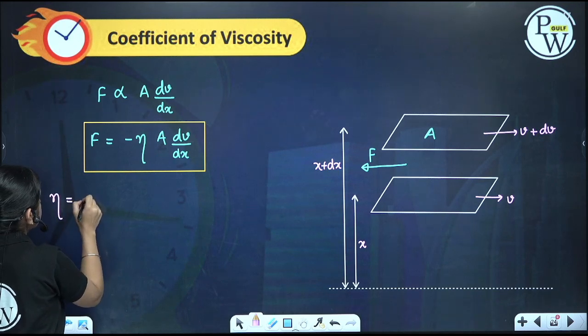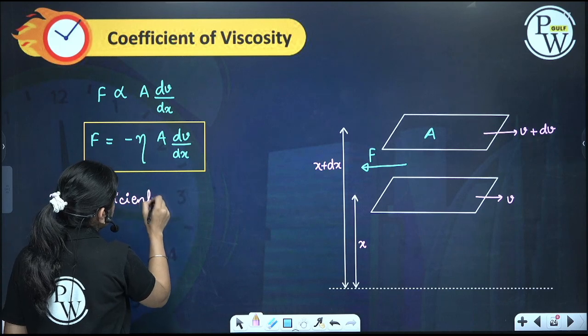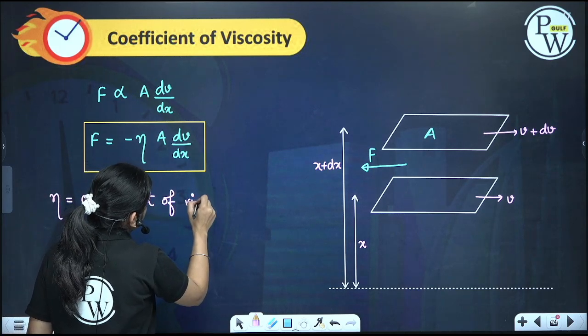So this eta is called the coefficient of viscosity.